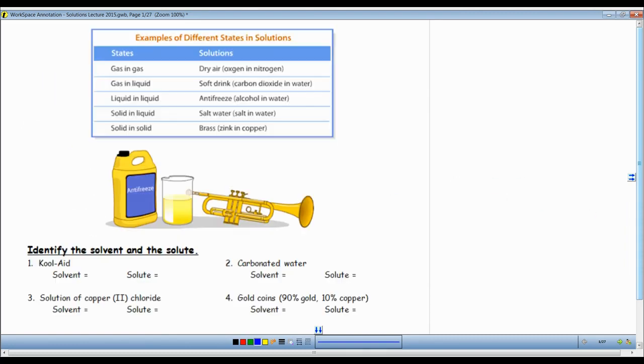Some examples. Different kinds of solutions. Again, if we stick to this definition of it being a stable, homogeneous mixture, you could have gases mixed with gases. So, for example, air could be thought of as a solution. Air is stable.